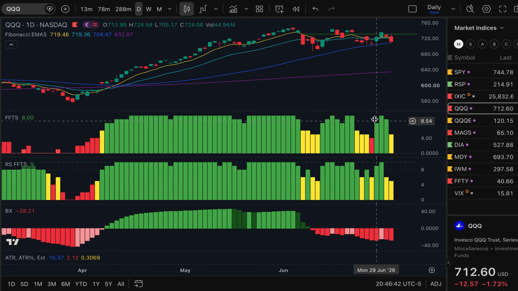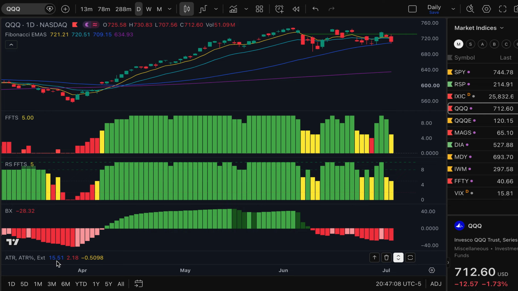And then the final indicator that I have down here, and I keep it minimized, is the ATR, the average true range. This tells me something about the volatility of the chart, and it outputs 3 numbers. This first number is the 21-day average true range in points.